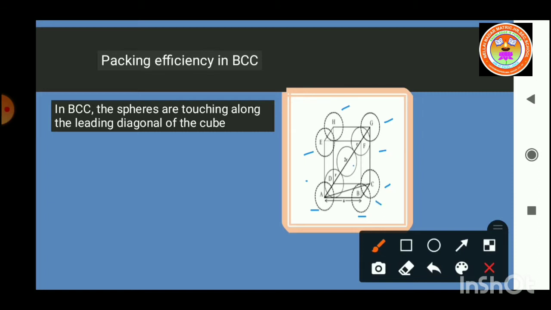The edge length here is taken as A. For packing efficiency in BCC, using Pythagoras theorem, we take two triangles. One is triangle ABC, another one is triangle ACG.